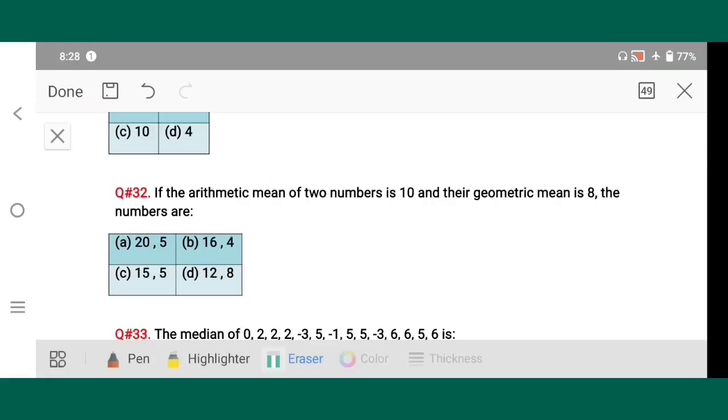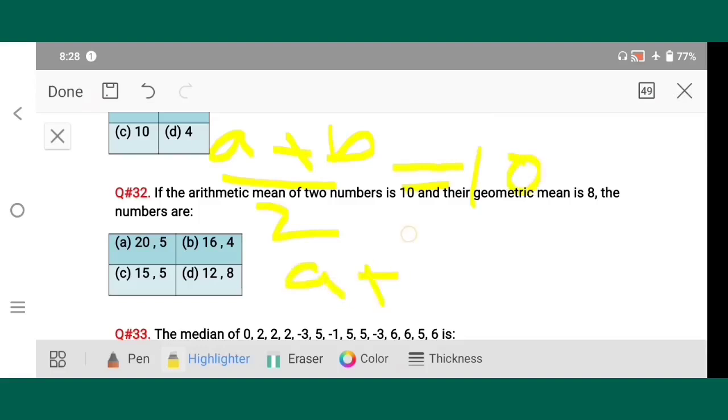Question number 32. If the arithmetic mean of two numbers is 10 and their geometric mean is 8, the numbers are, the options are 20 and 5, 16 and 4, 15 and 5, 12 and 8. So let's suppose the numbers are a and b. Then a plus b divided by 2 is equal to 10, because the mean of the two numbers is 10.